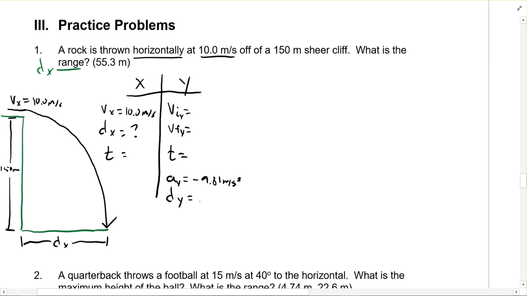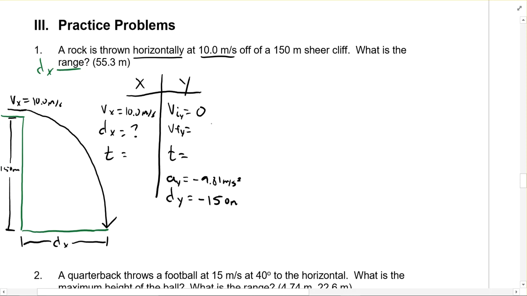I know that my distance in the y direction is going to be negative, and that's a big one because everyone forgets that, negative 150 meters. I need one more thing. What else do we know about the y direction? Well, we know the initial velocity in the y direction is 0. It's moving, but it's not moving in the y direction.